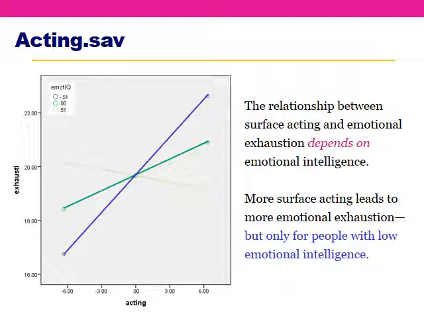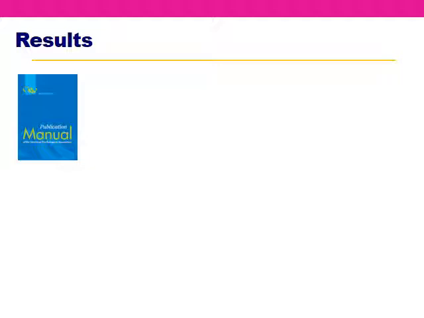For people who are low in emotional intelligence, there is clearly a positive relationship between surface acting and exhaustion. The more they have to surface act, the more exhausted they get. But for the other two groups, the lines are relatively flat, which is consistent with the fact that they were not significant on the previous slide. So for those people, surface acting was not predictive of exhaustion.